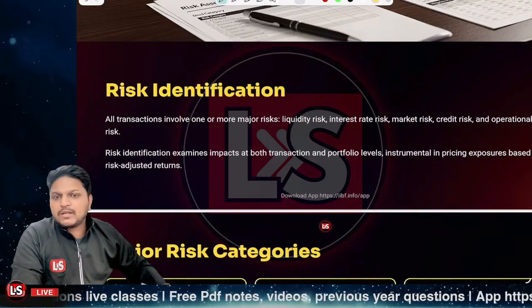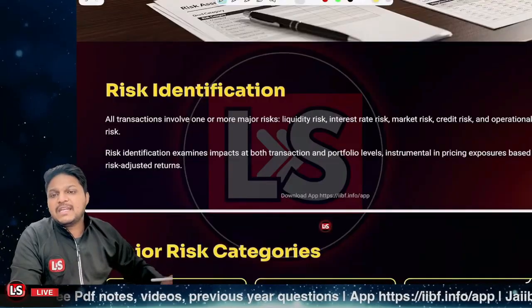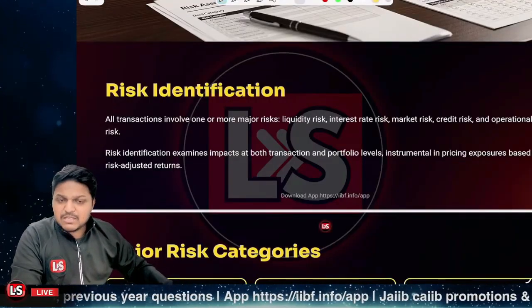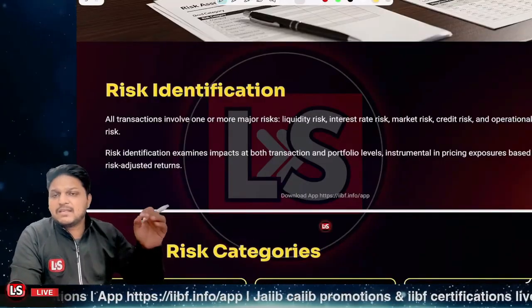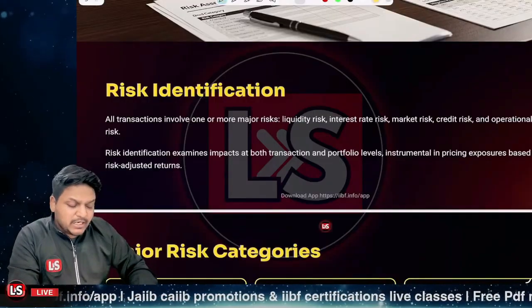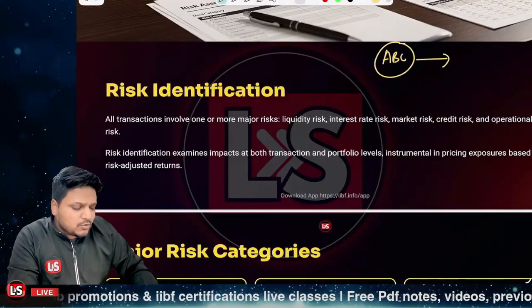It could be liquidity risk, interest rate risk, market risk, default risk, operational risk. Any of these risks can be there, and they are contracted at the transactional level. Let's say ABC Bank lent an amount to an individual.